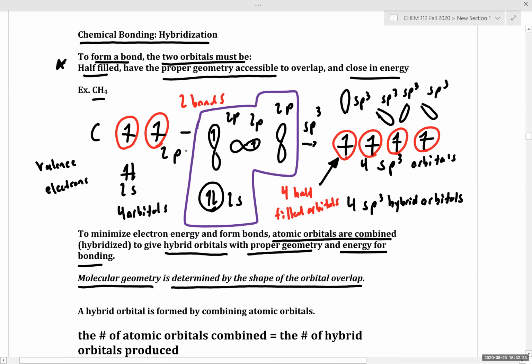We're going to look at the different shape and energy of each of these hybrid orbitals, and we'll talk a little bit about how to describe chemical bonding using this valence bond and molecular orbital model. So this short discussion is a teaser for what we're going to be unpacking in detail next class session.